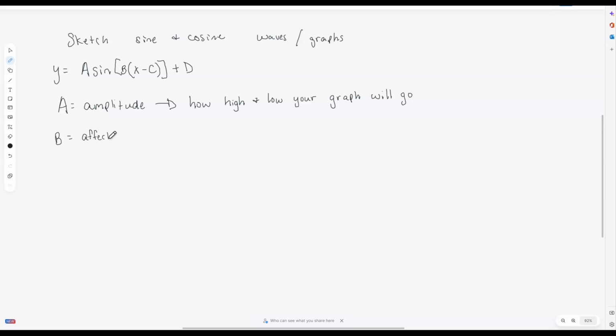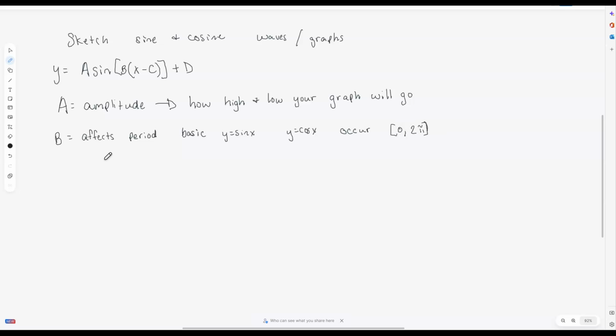Generally, our basic y equals sine of x and y equals cosine of x occur over the 0 to 2 pi values of x.